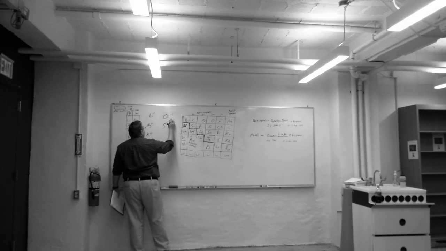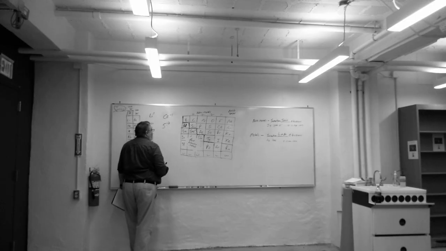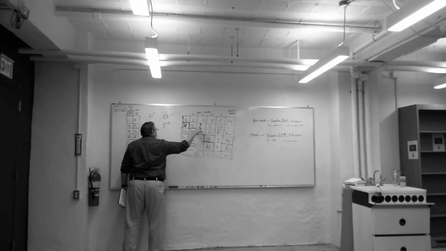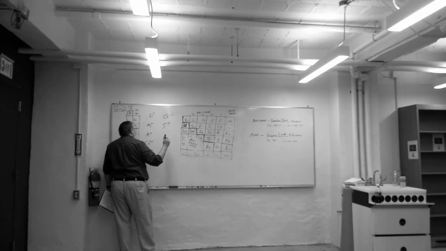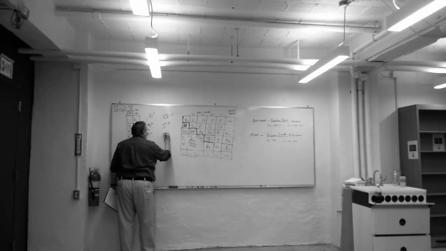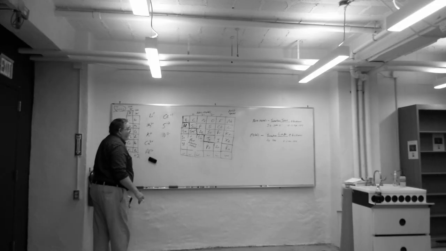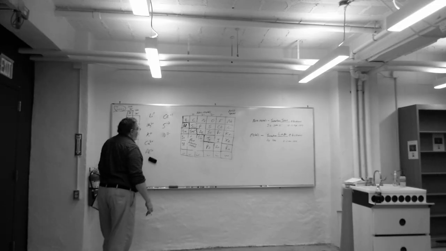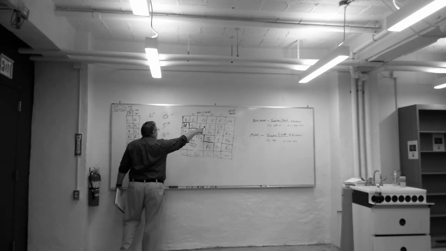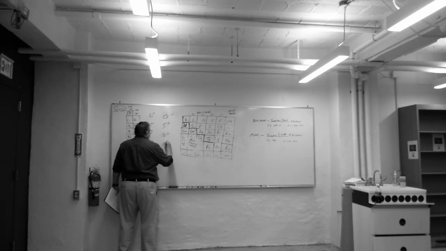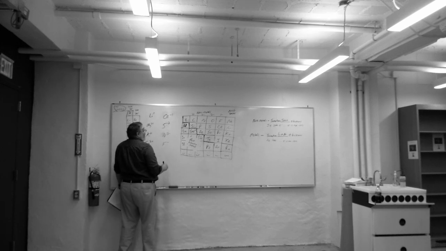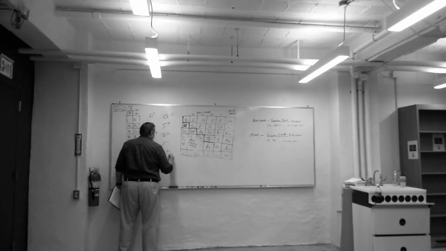I should write all these just to be consistent. -2. Nitrogen. 3 negative. I won't be consistent, I guess. Fluorine, that's the F. F will be negative 1. And I like oxygen. Let's just put oxygen here too.